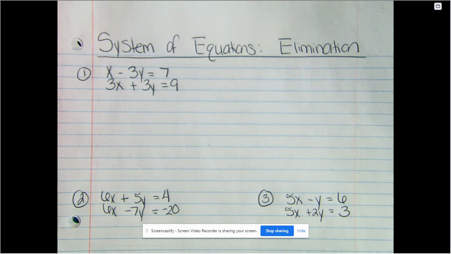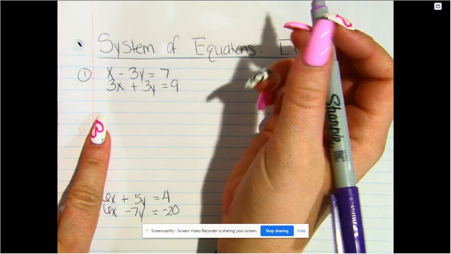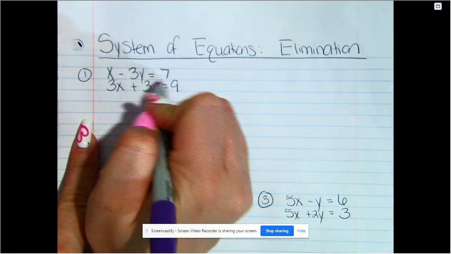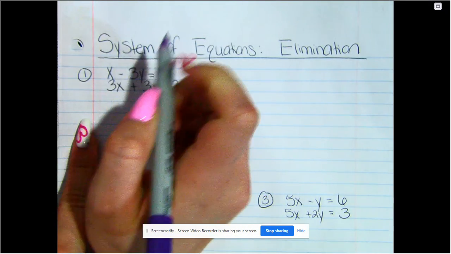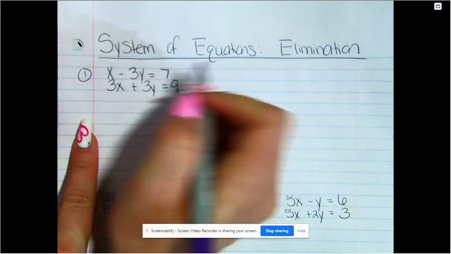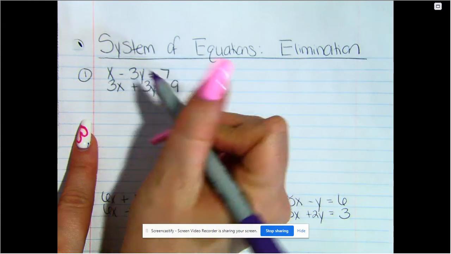So we have x minus 3y is equal to 7, and 3x plus 3y is equal to 9. We do not, at this moment, have a particular equation that says y equals or x equals. So I'm going to manipulate, change, modify this equation to say y equals.